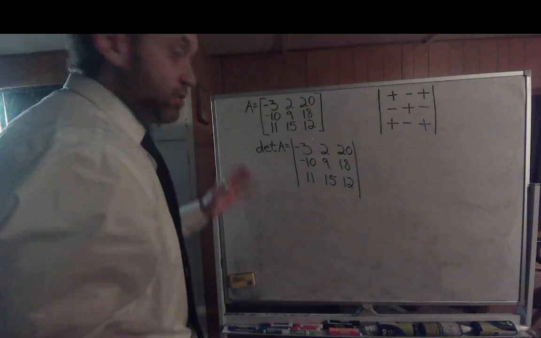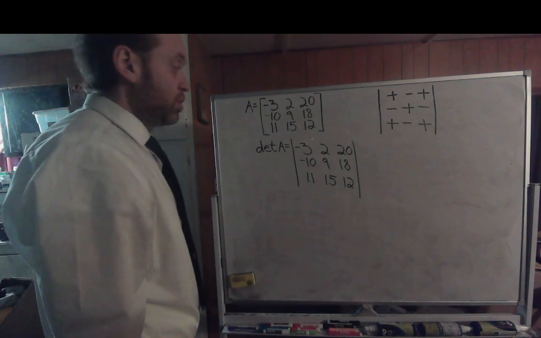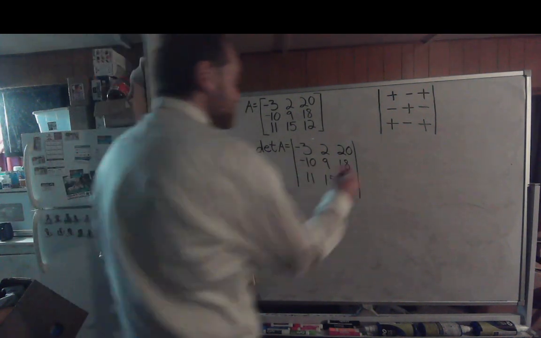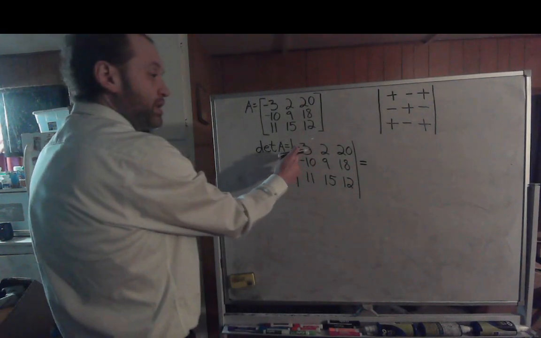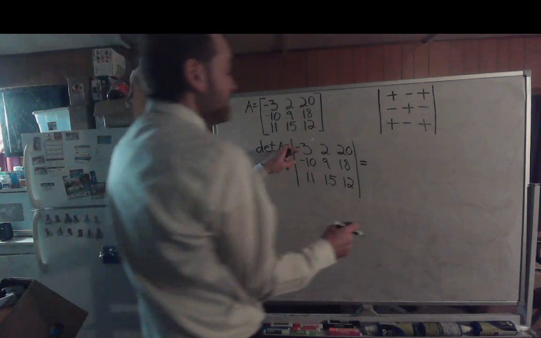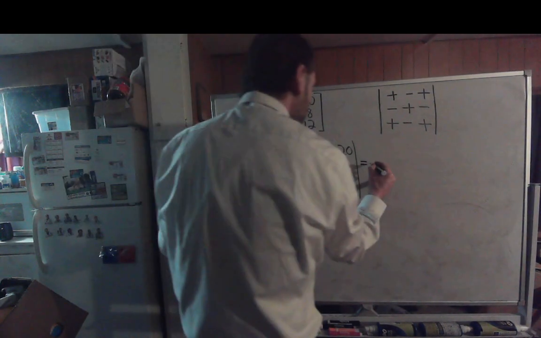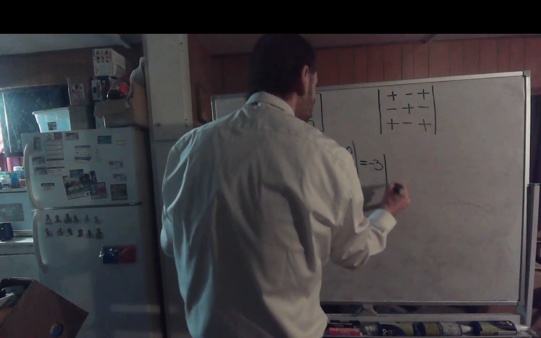Alright, no zero entries, so it doesn't matter which row or column we pick. So let's just do row 1. So we have -3 for our first coefficient. According to the coefficient matrix, it'll be positive times -3, which would keep it -3.